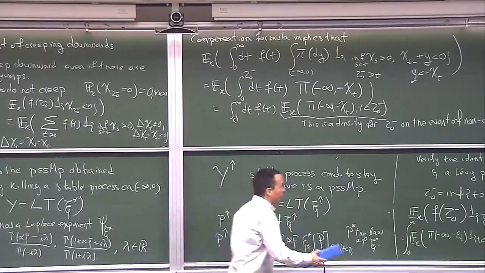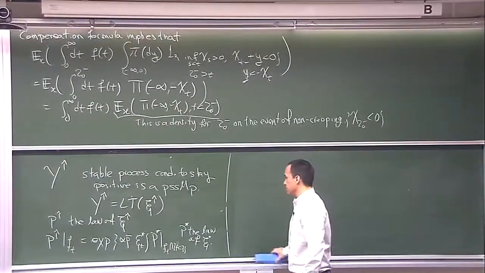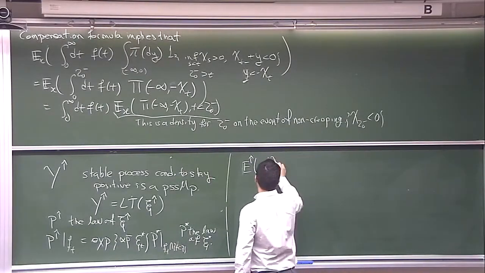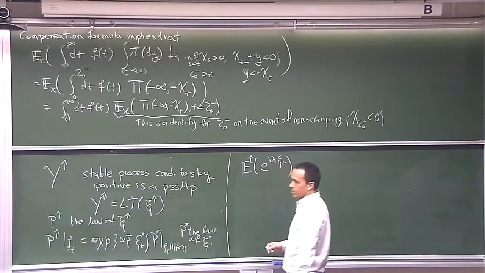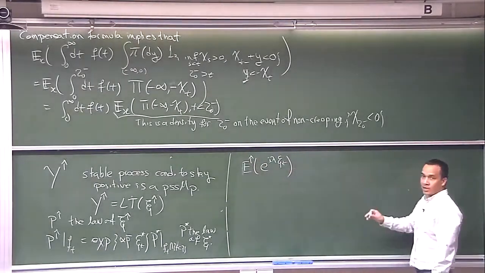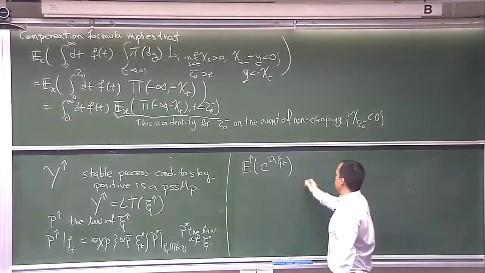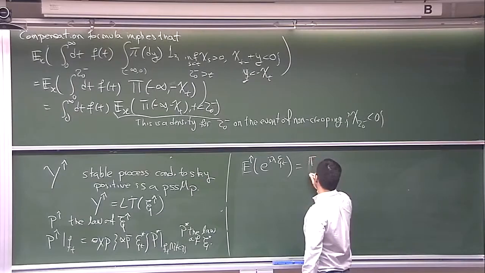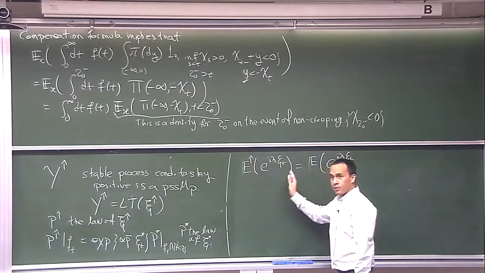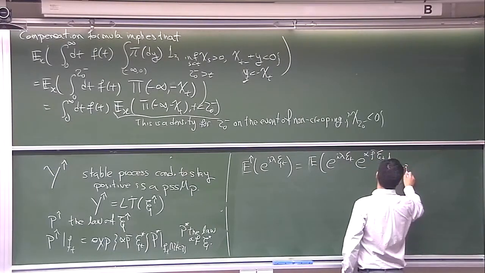In particular, we can determine the characteristic exponent. So the expected value, under P upper rho, of exponential I lambda psi t. I'm removing the upper rho here because I put it here; you notice I avoid using too many times the hats. So this is equal to the expected value of exponential I lambda psi t, which is Ft measurable, times exponential alpha rho bar psi t, indicator t is finite.